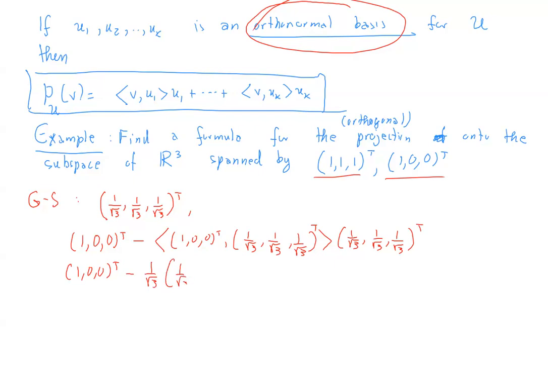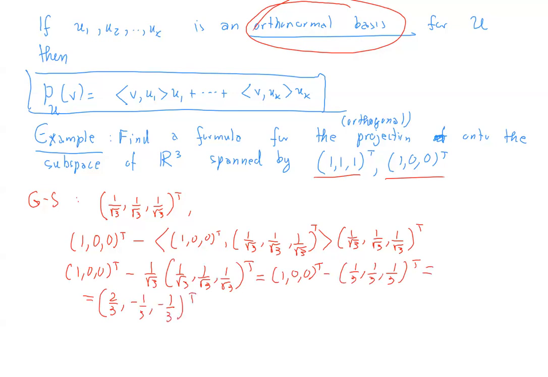And you have 1 over square root of 3, 1 over square root of 3, 1 over square root of 3. This is the reason why I chose the vectors in this order, so as to do another example of Gram-Schmidt. So (1, 0, 0) minus (1/3, 1/3, 1/3), which is (2/3, -1/3, -1/3).